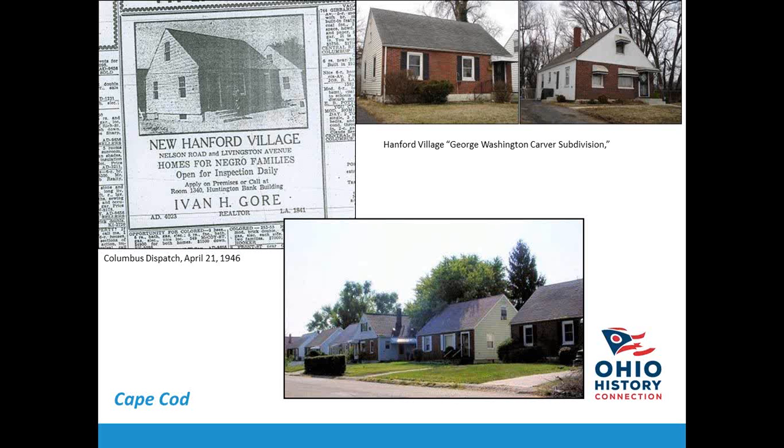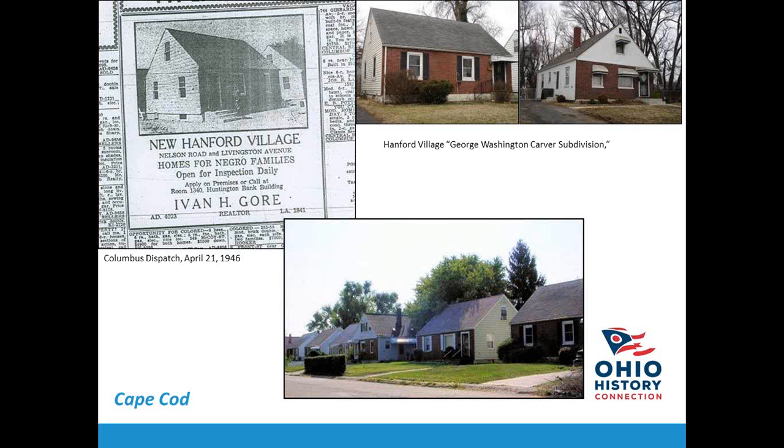The George Washington Carver edition here in Columbus, part of the historic African-American neighborhood of Hanford Village, is a Federal Housing Administration suburb composed of Cape Cod houses built for African-American veterans, roughly between 1946 and 1947. It is one of the first examples in the country where the FHA was providing financing and housing opportunities for African Americans.